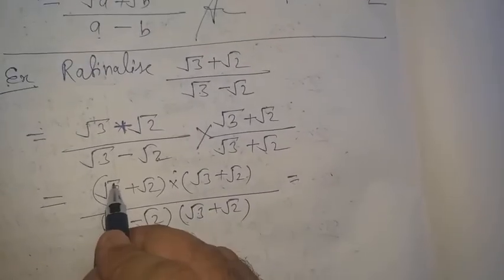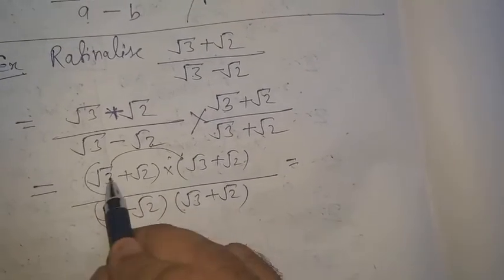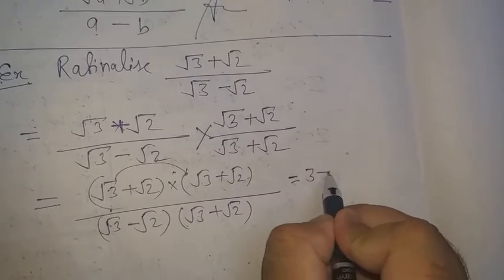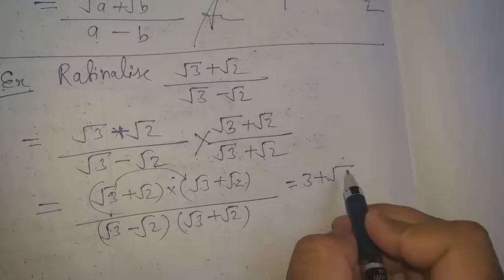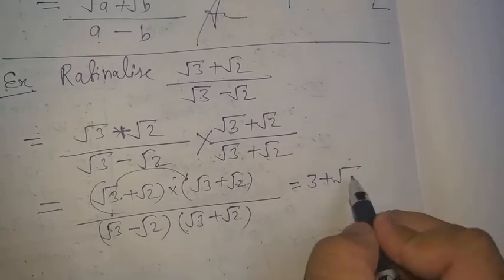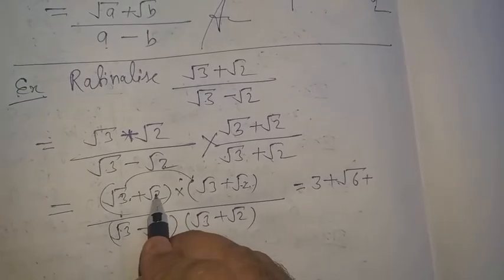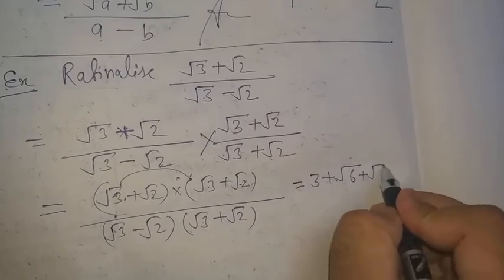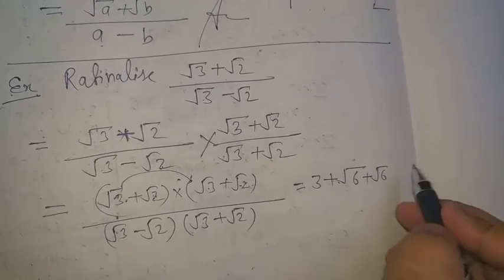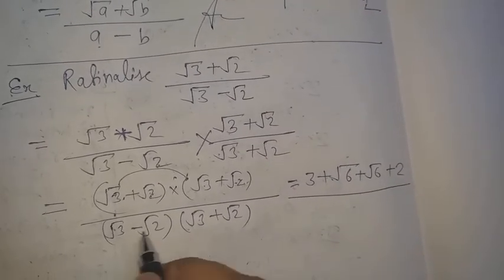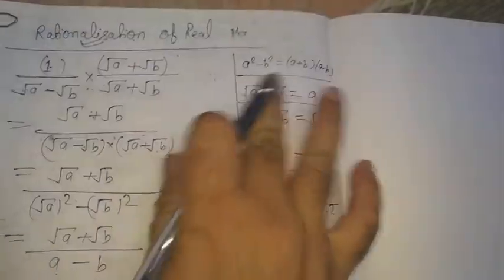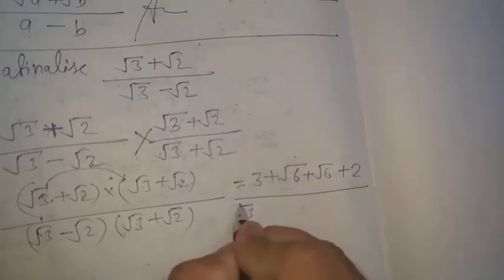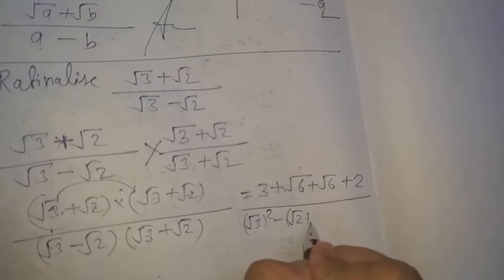Root 3 into root 3 is 3, plus root 3 into root 2, different numbers, the root will not disappear, is root 6, plus again root 2 into root 3, again root 6, plus root 2 into root 2, again 2. The denominator is a minus b into a plus b, which is a square minus b square, so root 3 square minus root 2 square.